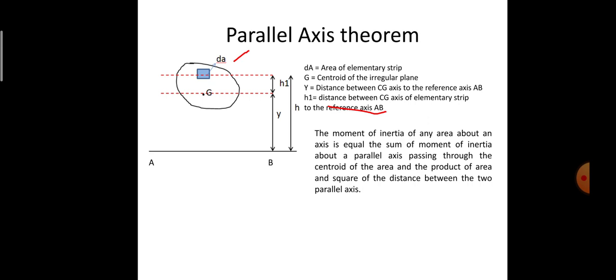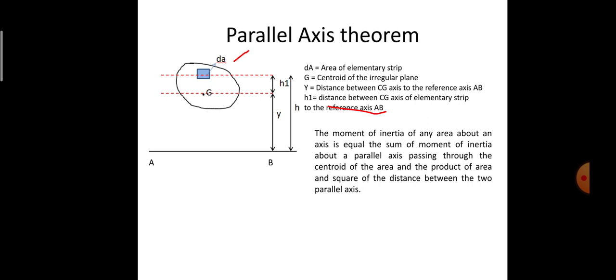The irregular shaped structure has its centroid at G, and the axis passing through G is called the centroidal axis. AB is assumed to be the reference axis about which we are supposed to determine the moment of inertia.